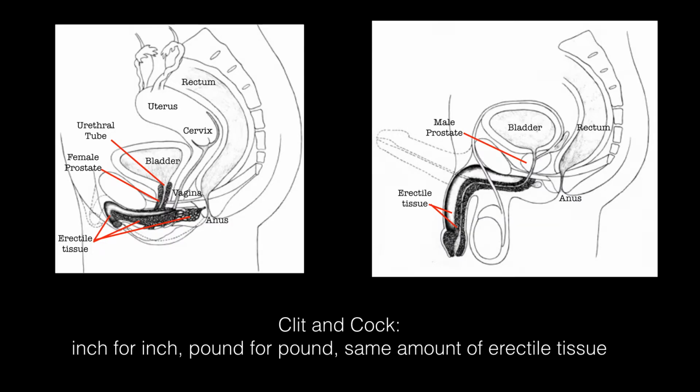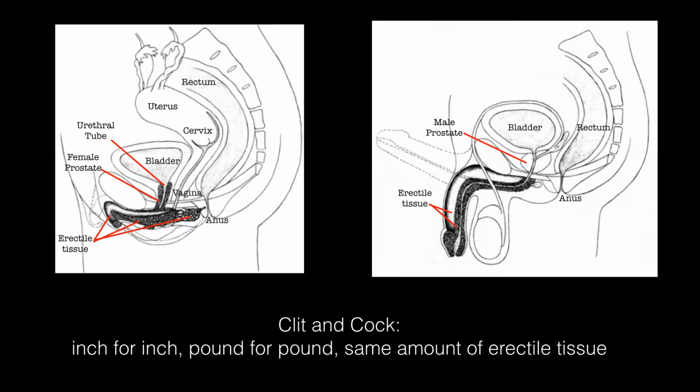Now, side by side, inch for inch, pound for pound, the clitoris and the cock have the same amount of erectile tissue. So you can see this is the same artist who drew these, and the squiggly, dark, filled-in areas are all the erectile tissues.